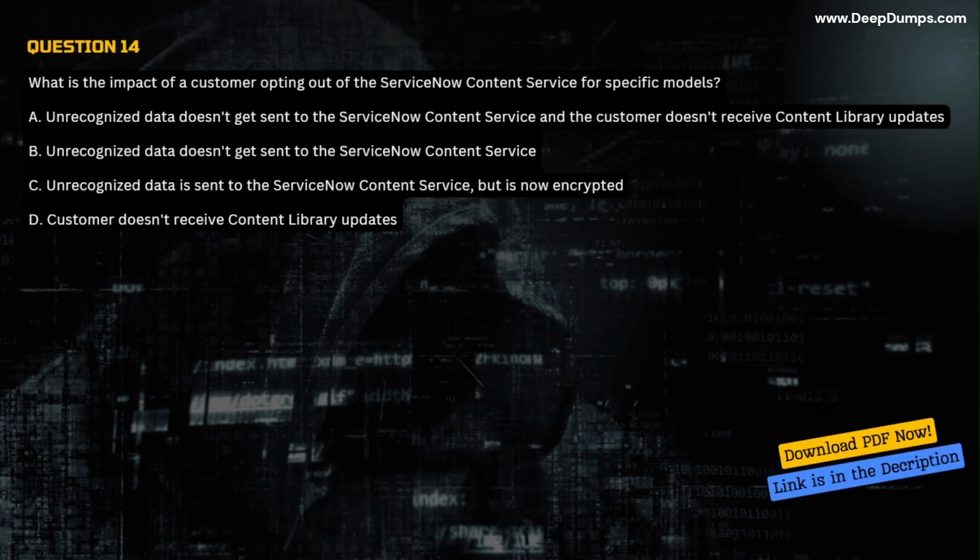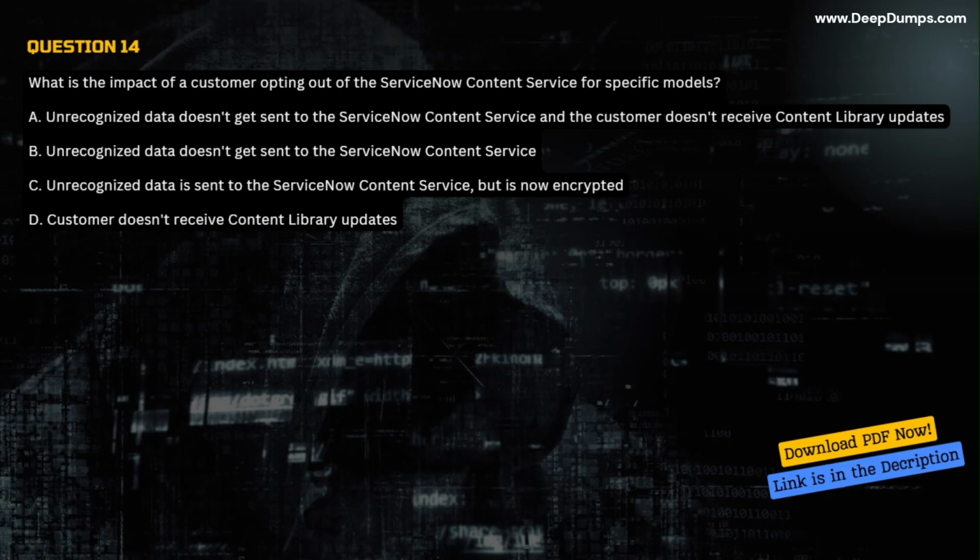Question 14. What is the impact of a customer opting out of the ServiceNow content service for specific models? A. Unrecognized data doesn't get sent to the ServiceNow content service and the customer doesn't receive content library updates. B. Unrecognized data doesn't get sent to the ServiceNow content service.